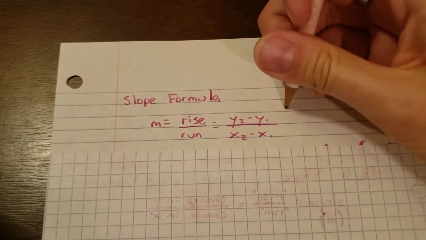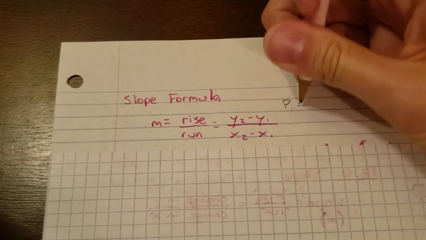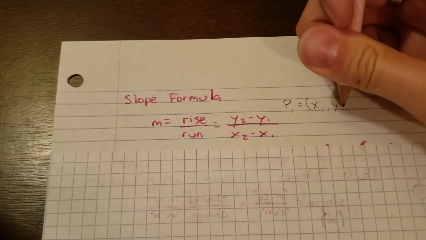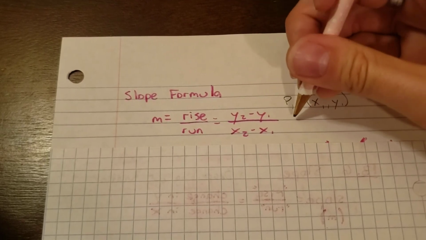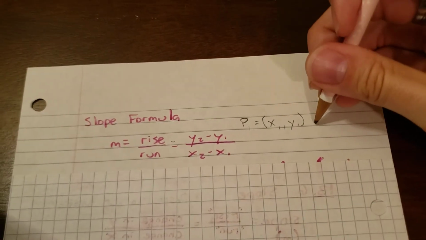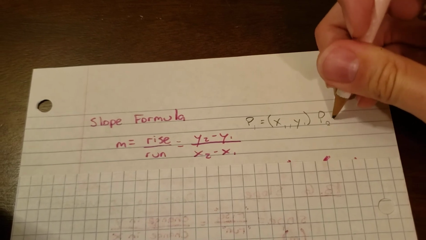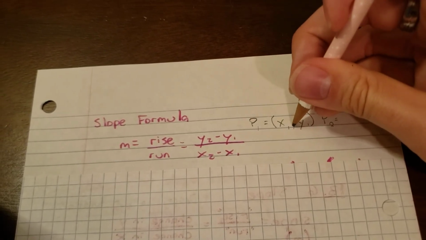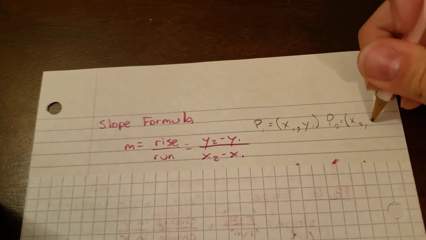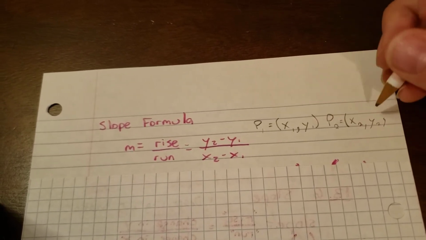Point 1 is x1 comma y1, and then point 2 is x2 comma y2.